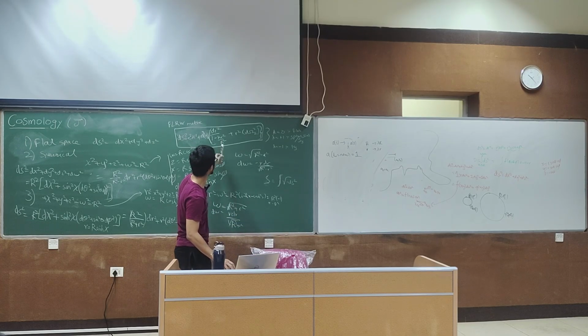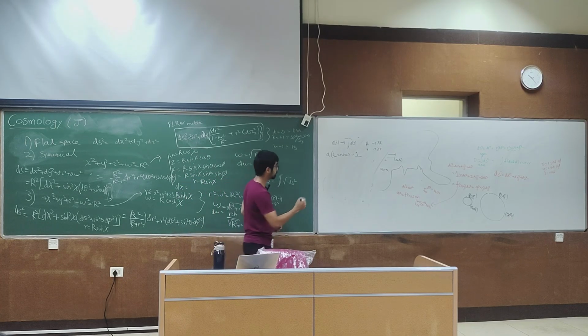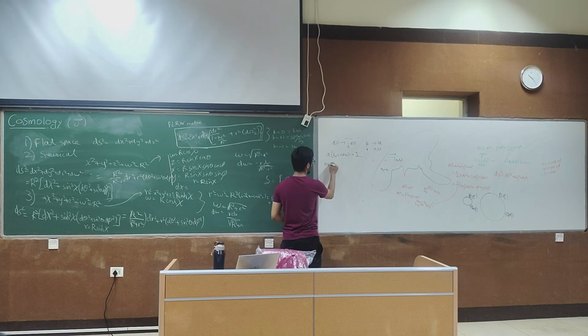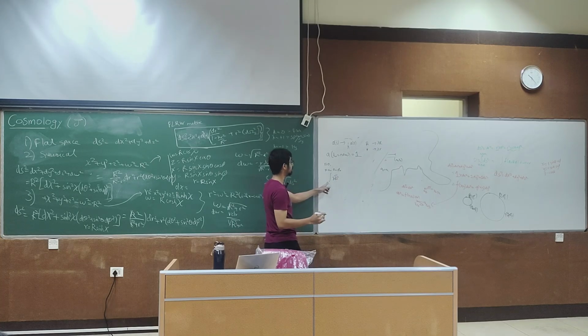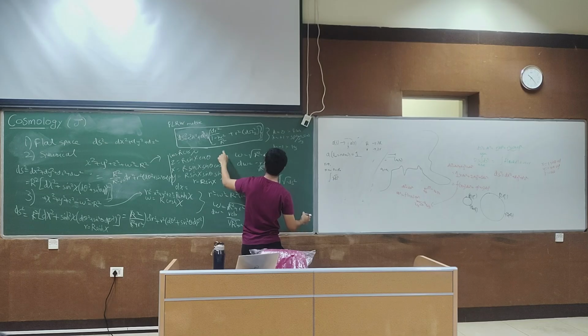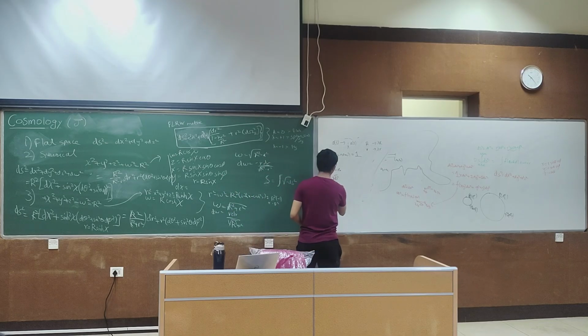If we start at the origin, r equal to 0, and go to r naught, theta naught, phi naught, we integrate the square root of ds squared through the straight line joining these two points, at constant time.